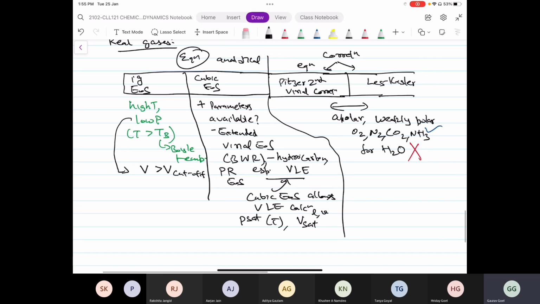In terms of PT range, a figure is given. So Lee Kesler, now we need a separation between the two. Lee Kesler are applicable over a very wide pressure temperature range. On the lower side, up to saturation conditions. On the upper side, very close to the critical point.